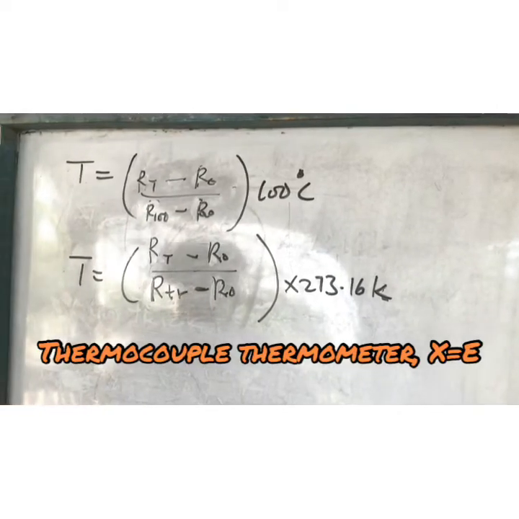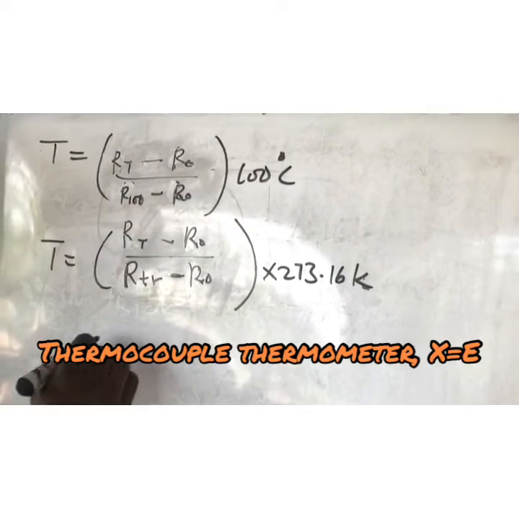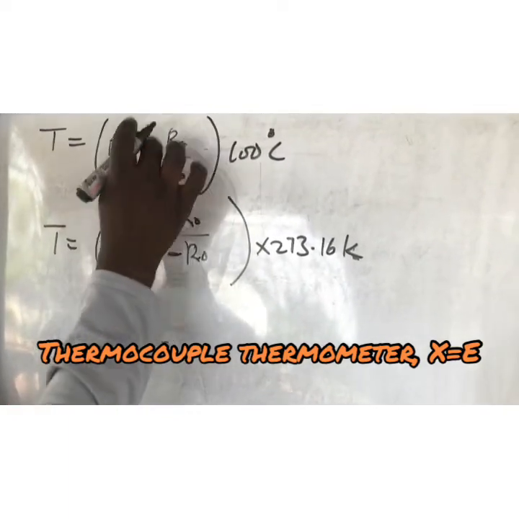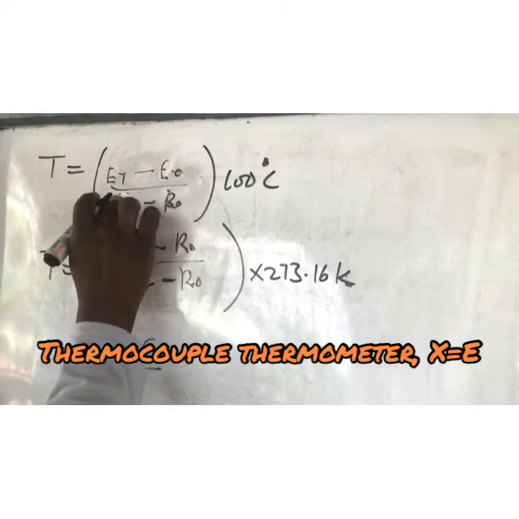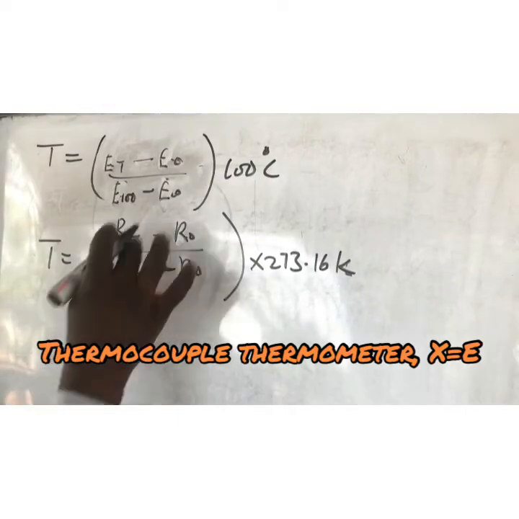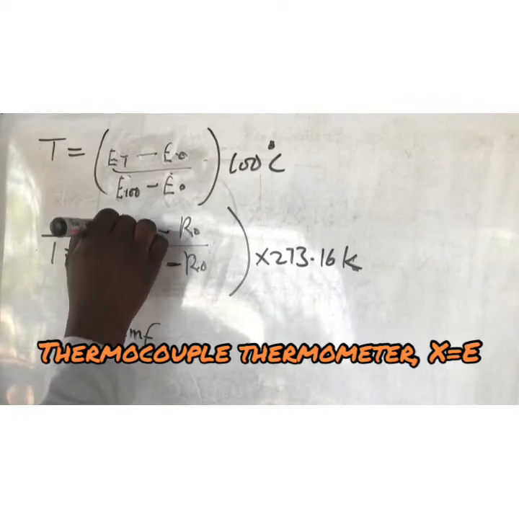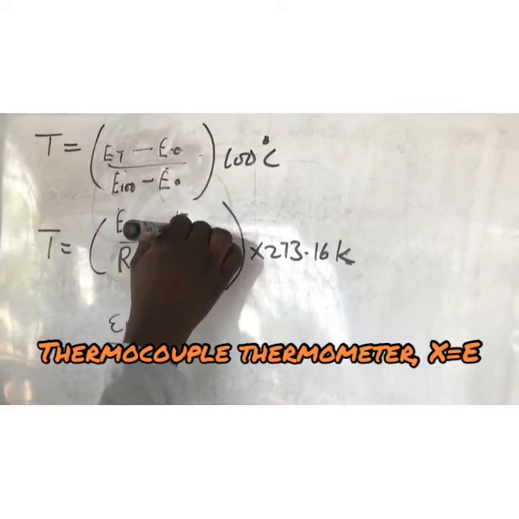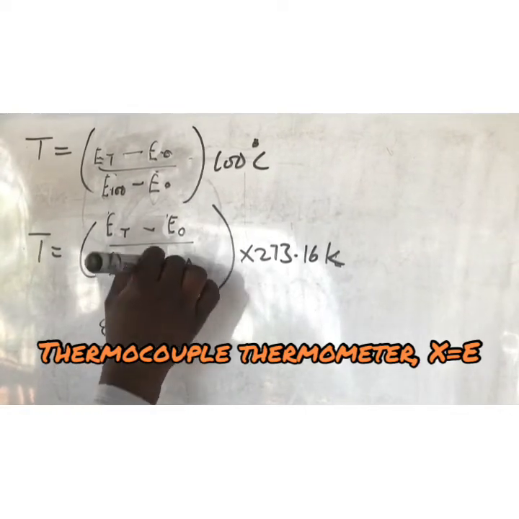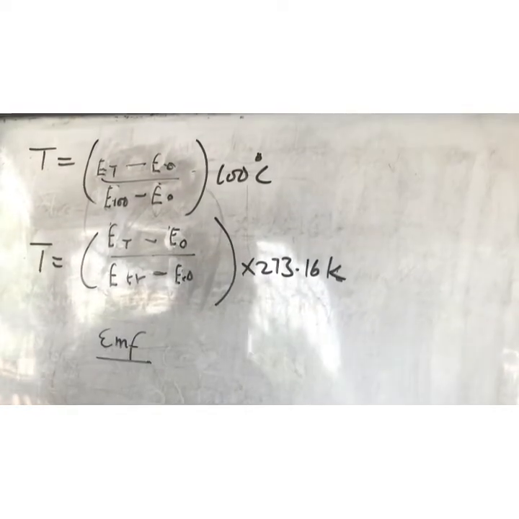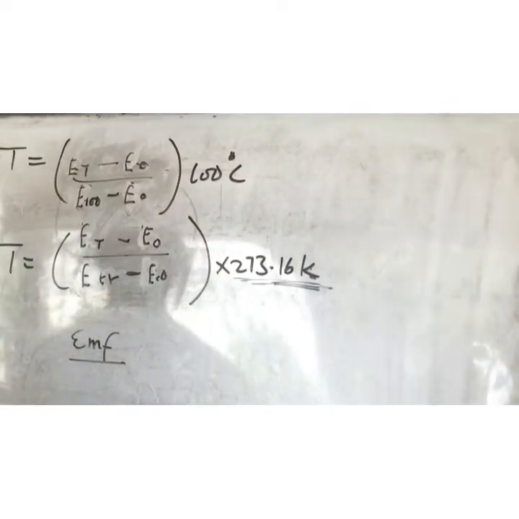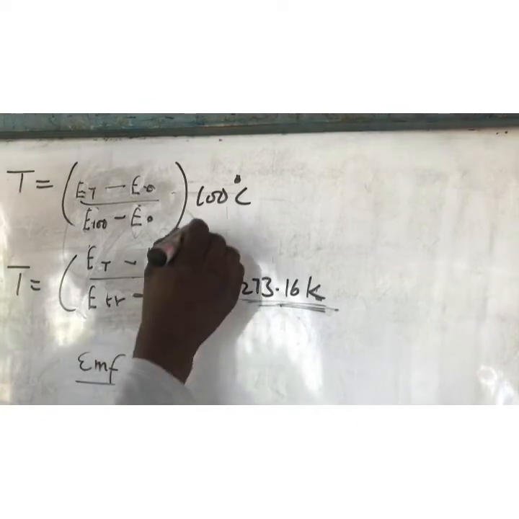This one measures the temperature in terms of EMF, that is the electromotive force, so we're going to substitute by E. So here will be E at temperature, E at 0 or at ice point, E at 100 or steam point, E at ice point. Then here E at temperature, E at absolute 0, E at triple point, and then E at absolute 0. Don't forget, on the Kelvin scale, we multiply the whole thing by 273.16 Kelvin, and on the degree Celsius scale, we multiply the whole thing by 100 degrees Celsius.